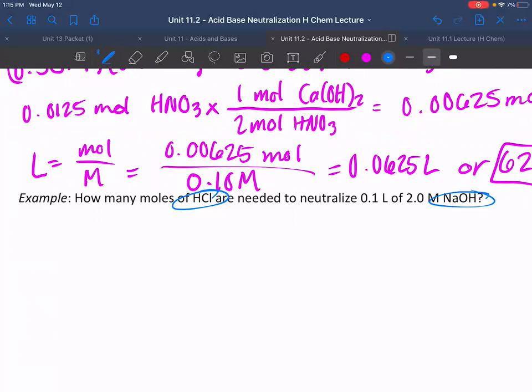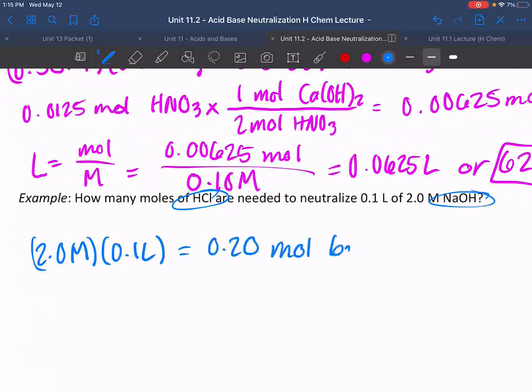That's how many moles of acid you'll need. It's 2.0 molar times 0.1 liters. You get 0.20 moles of base, which, if it's 1-to-1, equals your moles of acid. So that's how many moles of HCl you need.